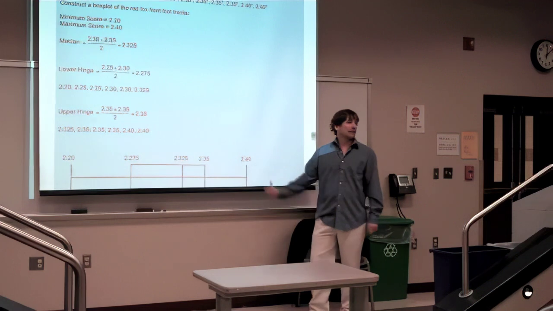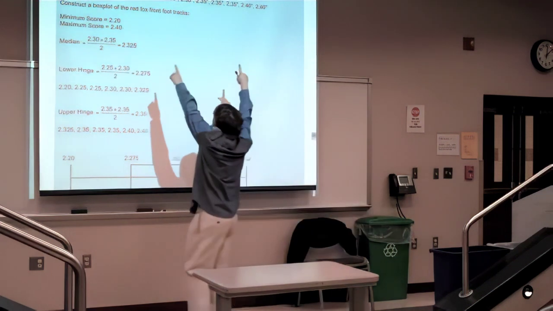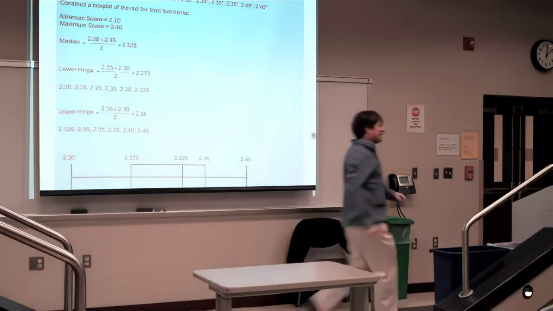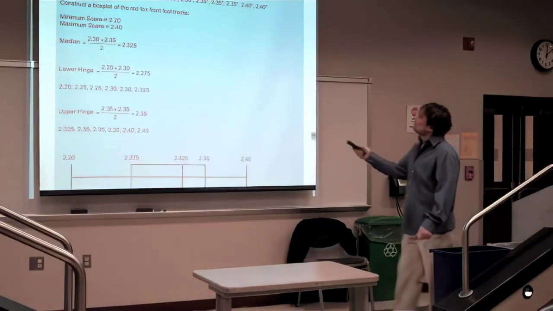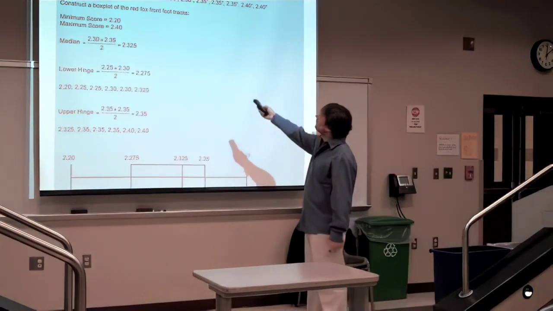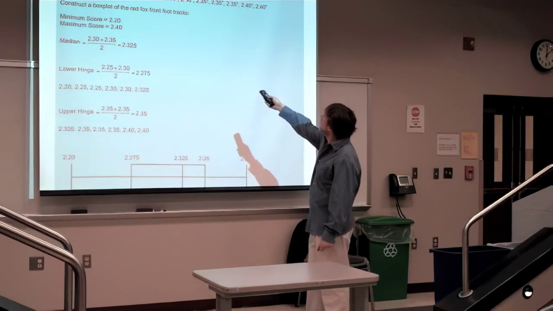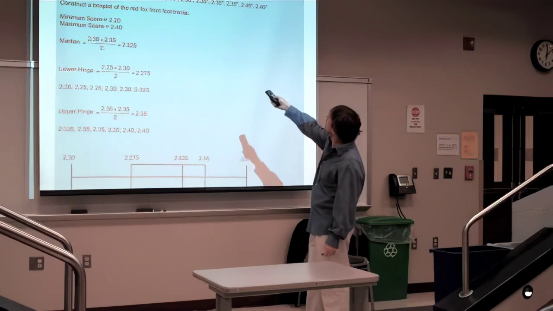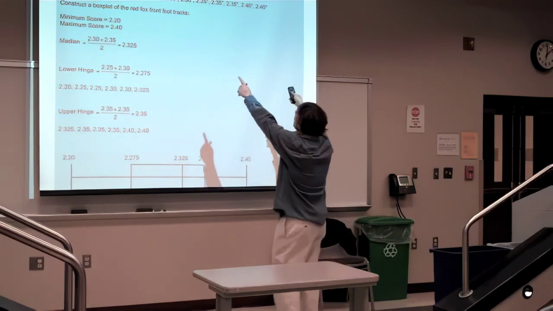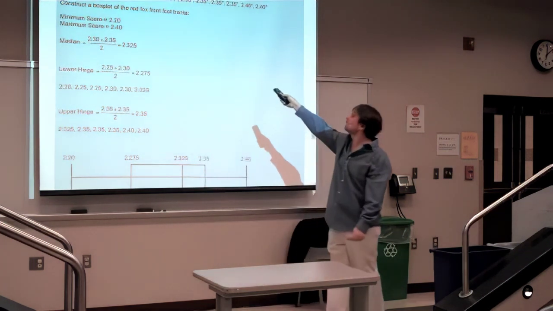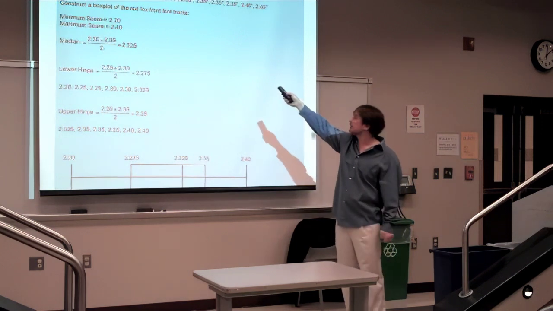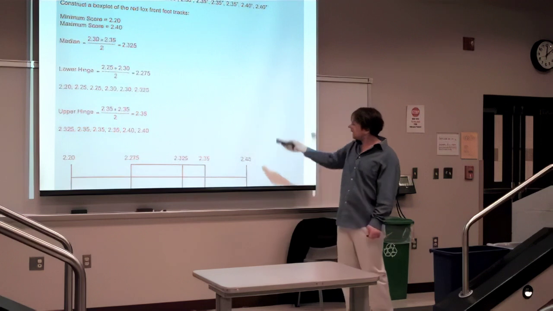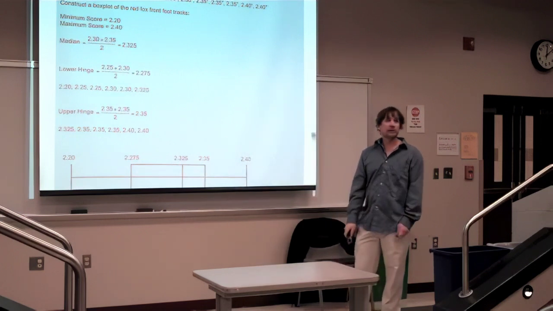My median, I just take my fingers and I do this, and I end up with 2 numbers, 2.30 and 2.35. So I end up with these 2 numbers here. So I have to add them together and divide by 2. So my median is 2.325. And I put that where the median is.